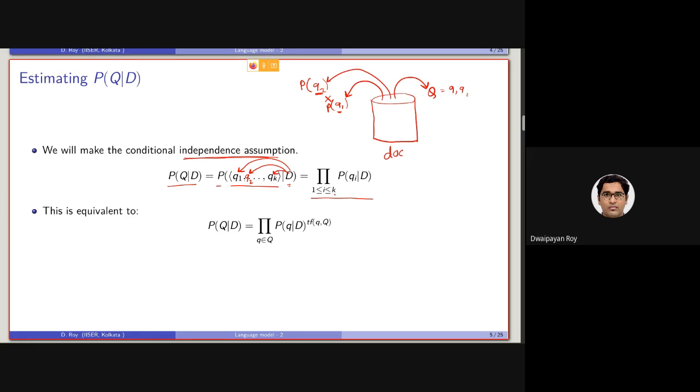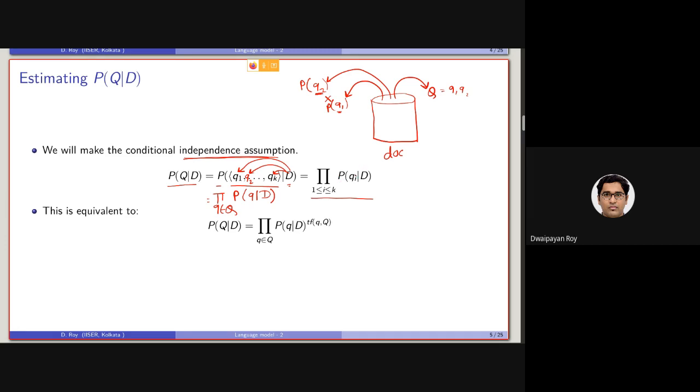Now here it is written in a different way. Earlier we were writing it like this: the probability of Q given D as a product over all the query terms in Q. Here we are writing it in a different way.